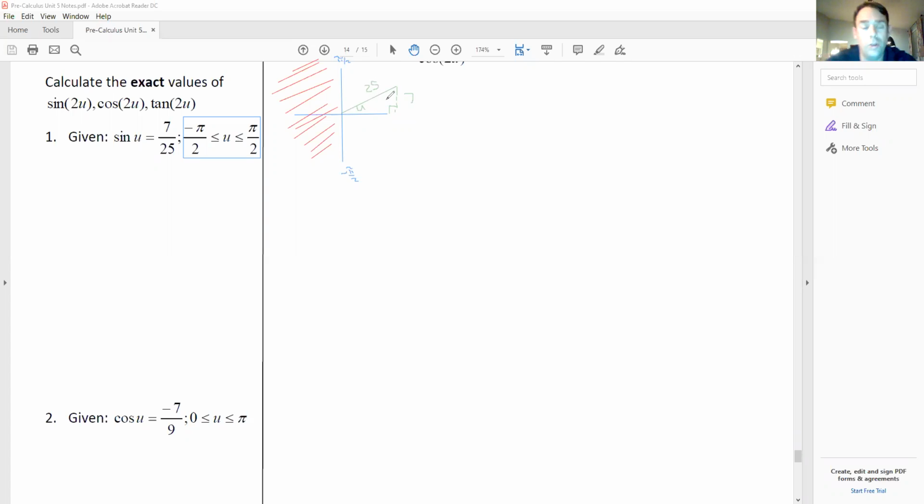So what we have to do is we're going to use our Pythagorean theorem to figure out what this other side is. And then we'll use our sum and difference formulas to figure these out. So to begin with, we need to figure out that x value. So x squared plus 7 squared equals 25 squared.